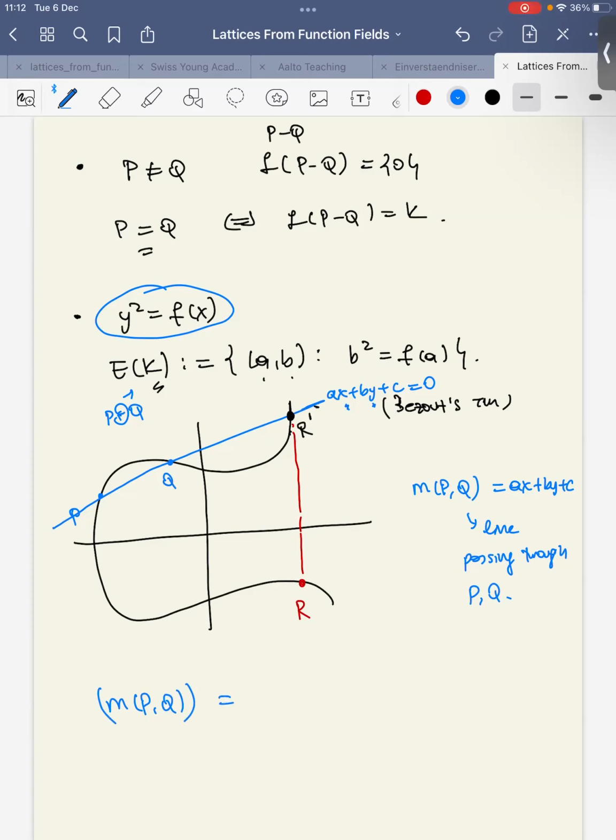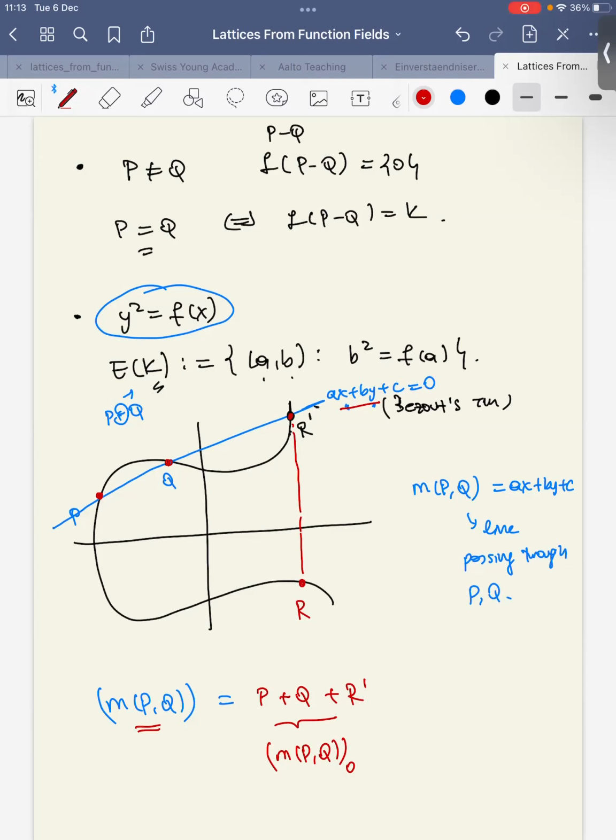With respect to this geometric interpretation, if P and Q satisfy this line equation, and R prime also satisfies this equation, we can see that P, Q, and R prime are the zeros of this transcendental. So the zero divisor of this line is P plus Q plus R prime, and there is no other point in this intersection.